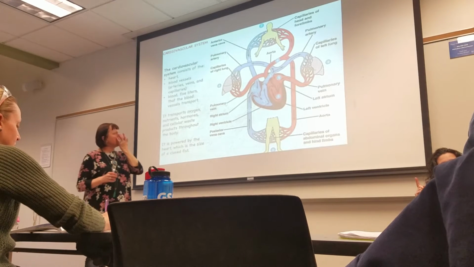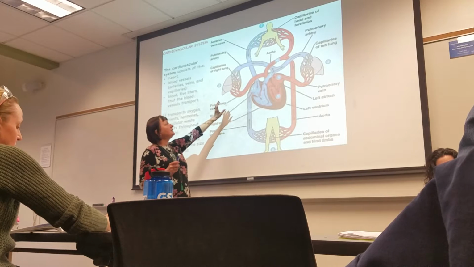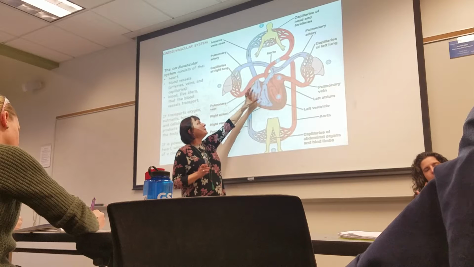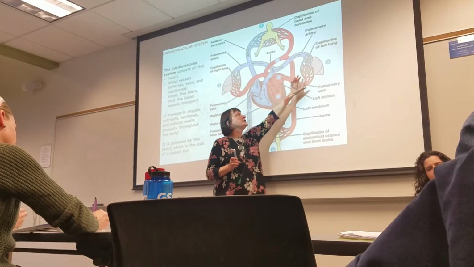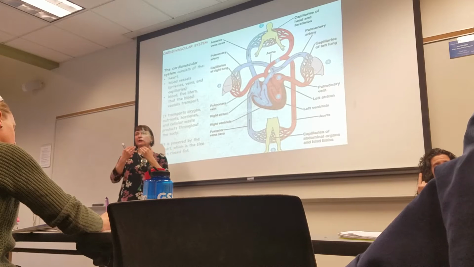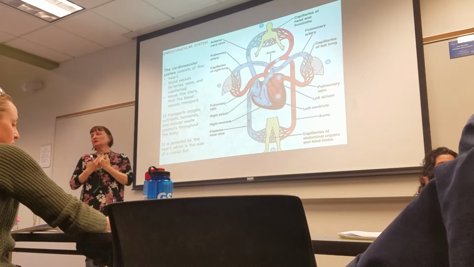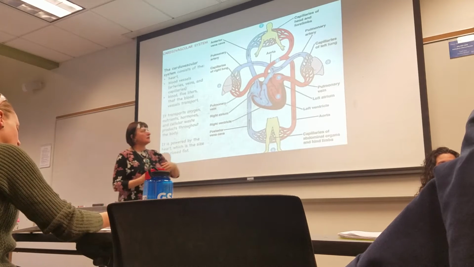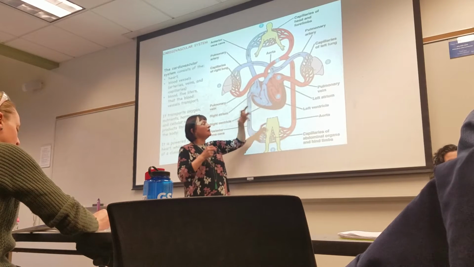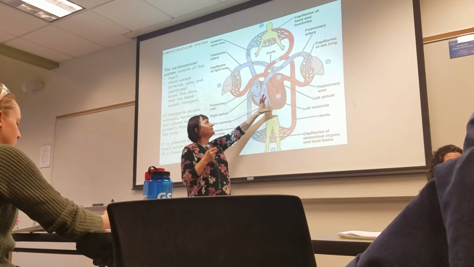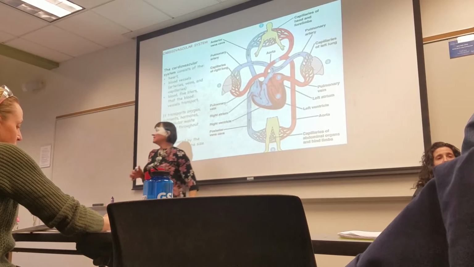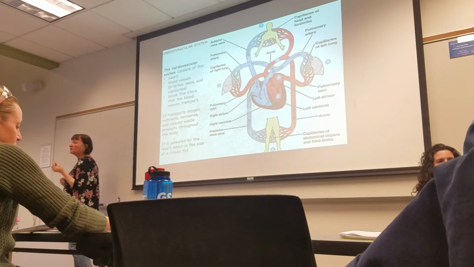Practically, the right part of the heart pumps the blood to the nearest lungs, because the heart is just medial to the lungs in the chest cavity. And the left part of the heart has lots of muscle, very strong, very tough. It pumps through the entire body. The cardiovascular system starts with a pump.